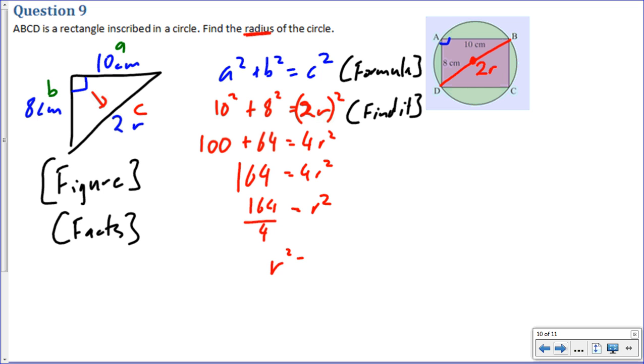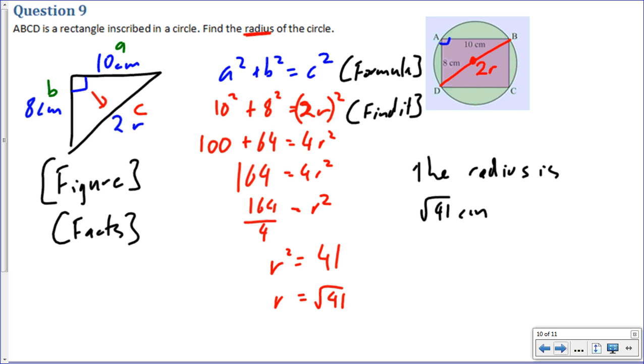So R squared equals 41. So on the side, yep, 41. So R is equal to square root 41. So now, there's my fit there. We're asked in a sentence, I need to answer it. The radius is square root 41 centimetres. And so that's my fix it.